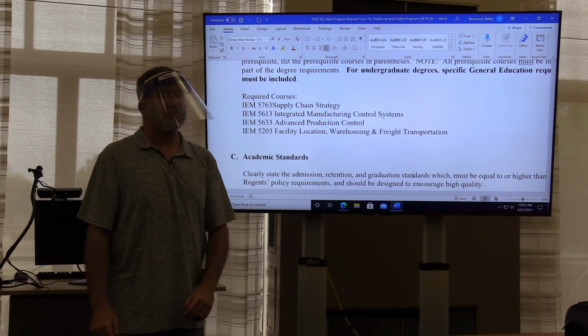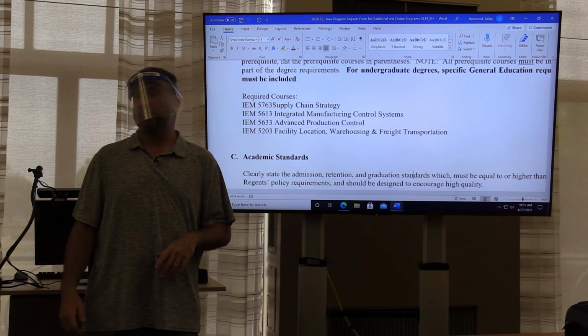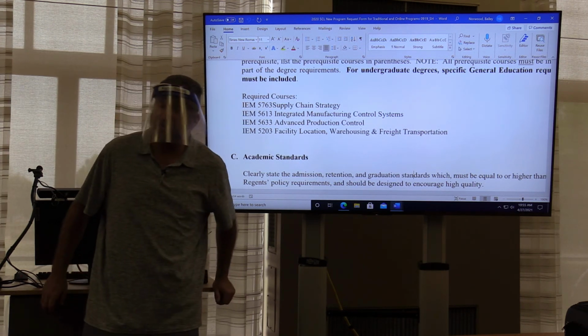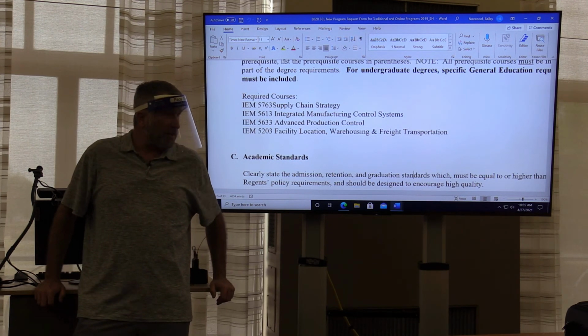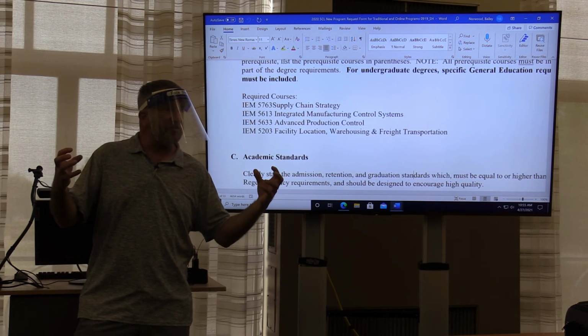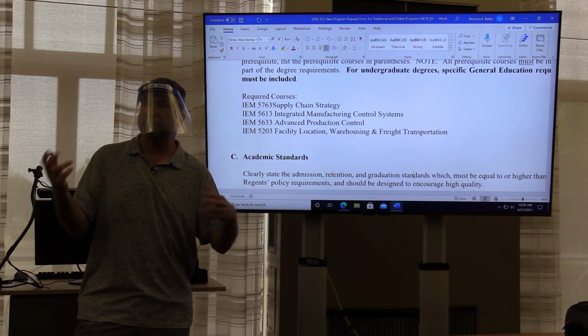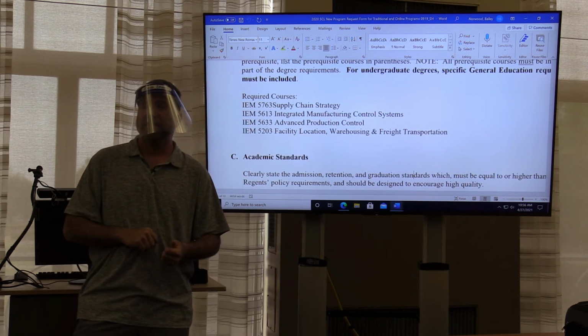Advanced production control, that's going to be like the optimization we did with the gum stuff. How much should we produce and when? And integrated manufacturing control systems, I think that's going to be a lot more like accounting, where you focus on sharing information between different groups and businesses and measuring supply chain efficiency, that kind of thing.